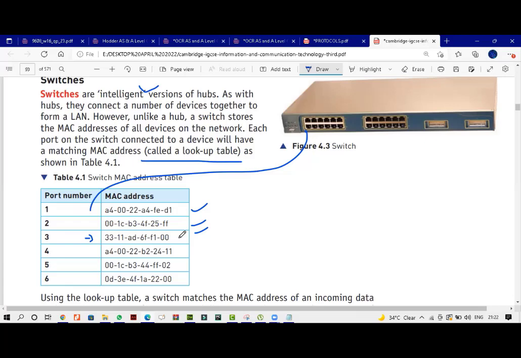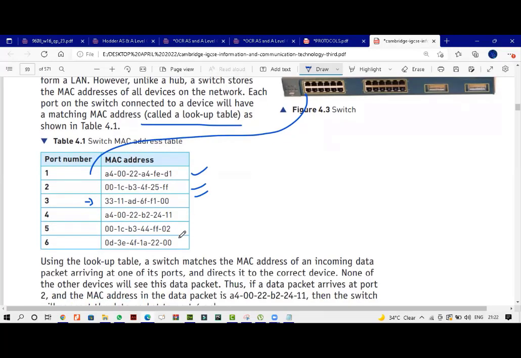So a lookup table is basically a table that refers to each port with its respective MAC address, so that we know where the data packets have to go and we can manage them in a much more appropriate manner. That's why we have this lookup table in a switch.